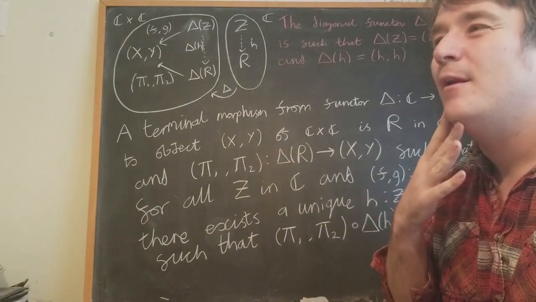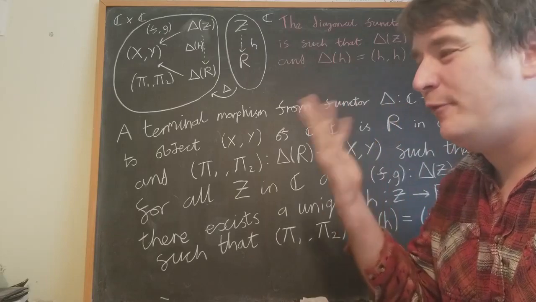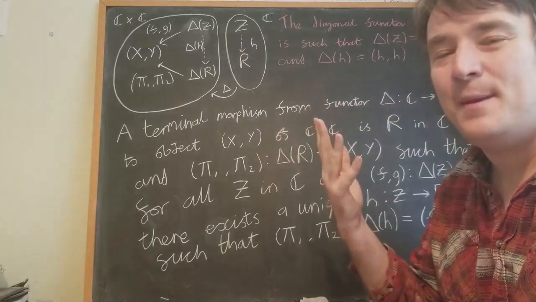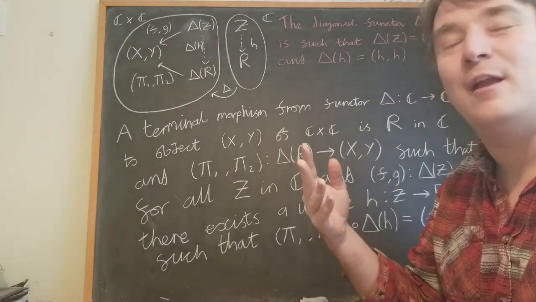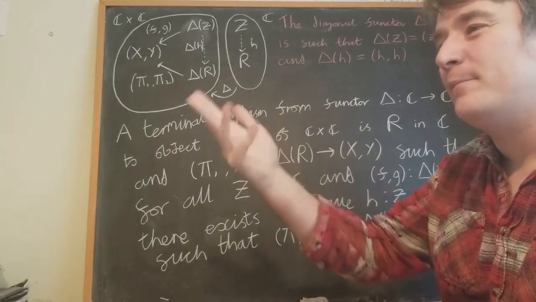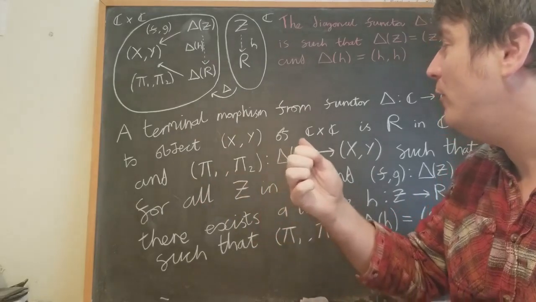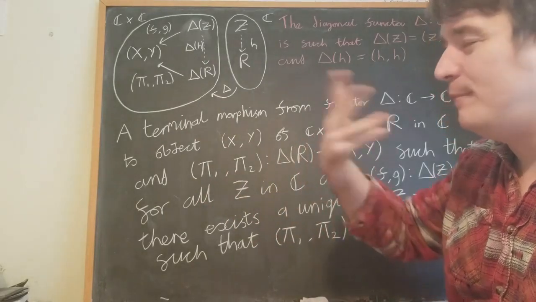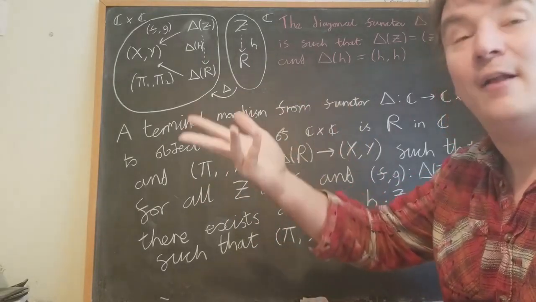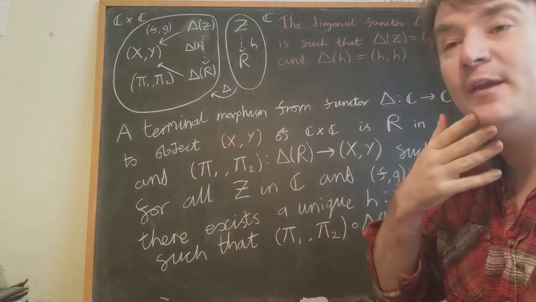Let's see some examples, because there are just so many examples. I mean, most of the interesting gadgetry that people look at in category theory corresponds to these kinds of universal morphisms. And one main example is the categorical product, which we've already seen.